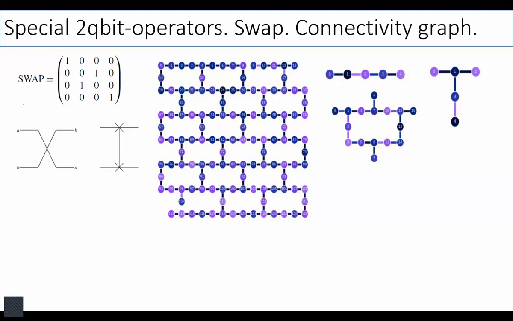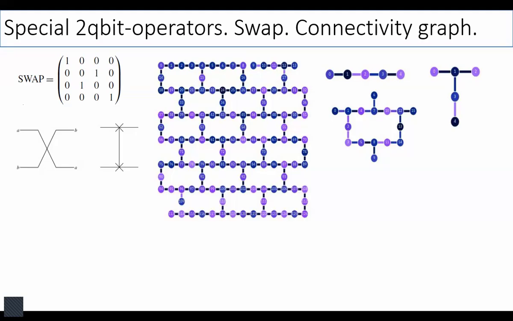You swap 45 to 44, after this you swap 44 to 43, and so on along this path, until you make them neighbors. You apply the CNOT operator between those, and after this, you start the movement back.